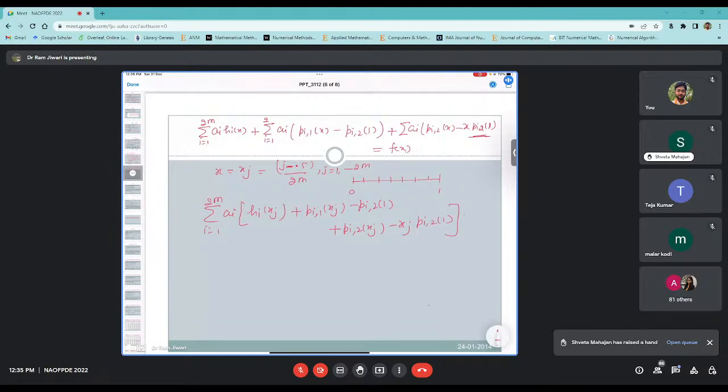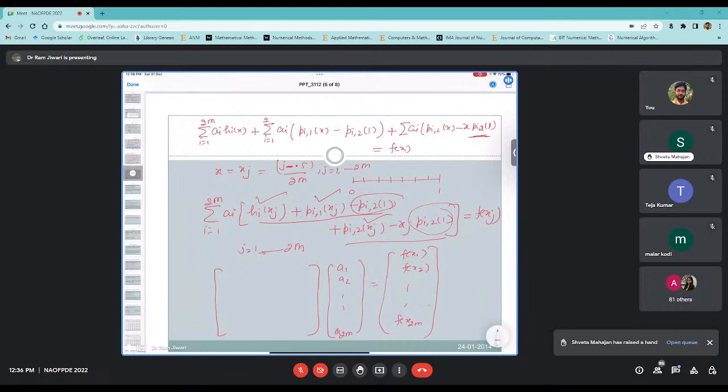Okay, this is equal to f of xj. You can see that when you put j from 1 to 2m, this becomes a matrix like this. Here are a1, a2 up to a2m, and this side becomes f of x1, f of x2 up to f of x2m. And this matrix will contain the elements of these things. You know that this matrix we already have, and its value, as I told you, comes from there.